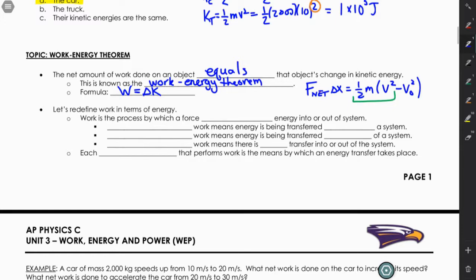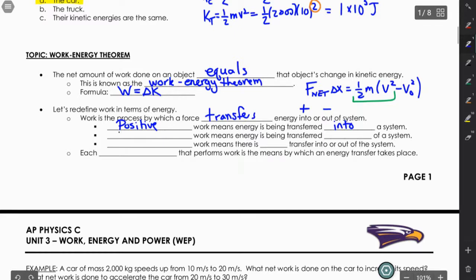Okay. So now let's simply redefine work in terms of energy. Work is the process by which a force transfers energy into or out of a system. This is where that positive and negative comes into play, and this is why work and energy are scalar quantities versus vector quantities. So when we do positive work, it just means that energy is being transferred into a system, so I'm increasing the energy of the system.